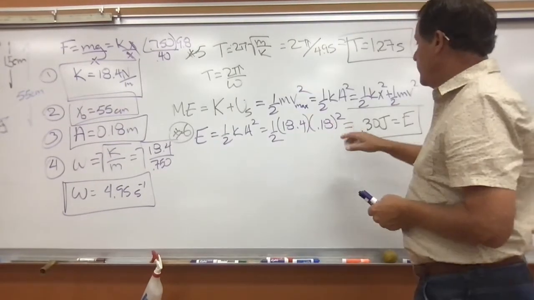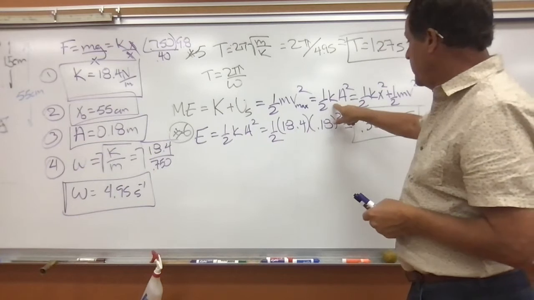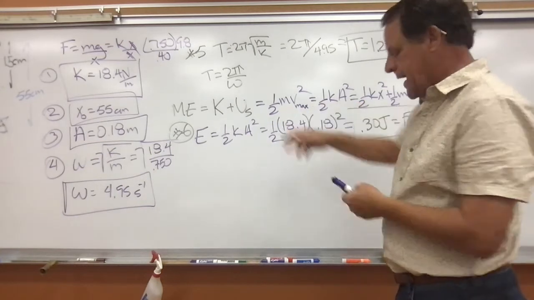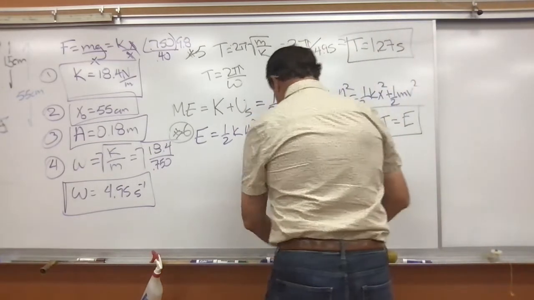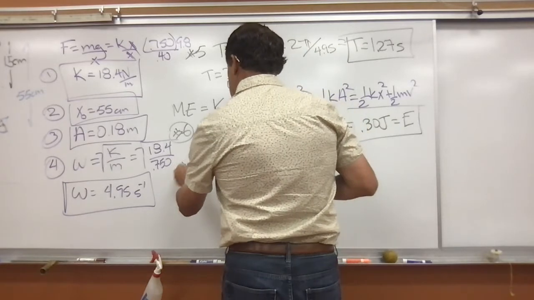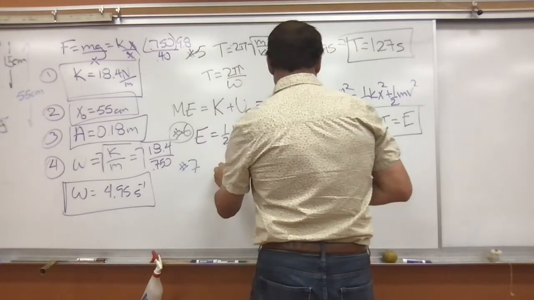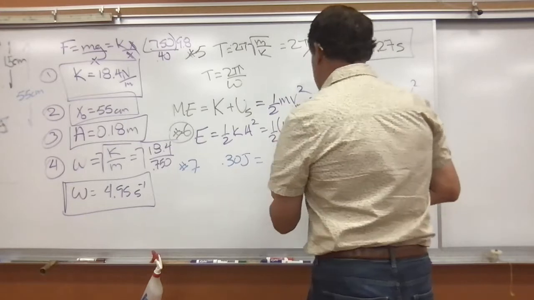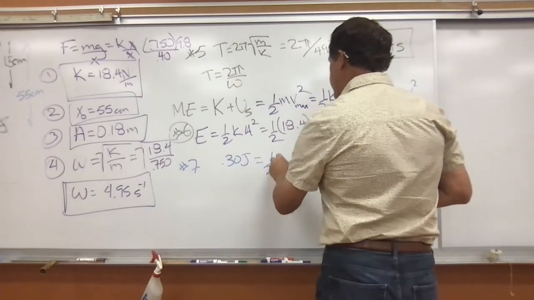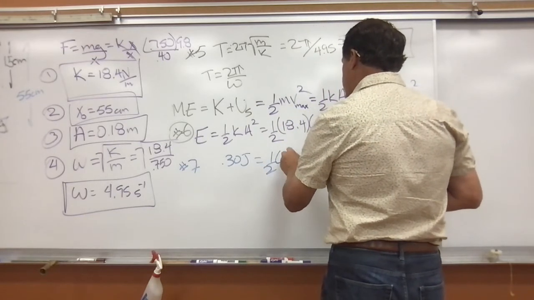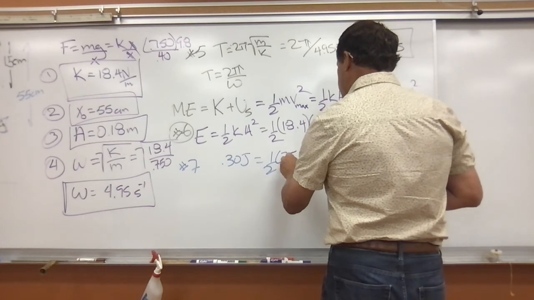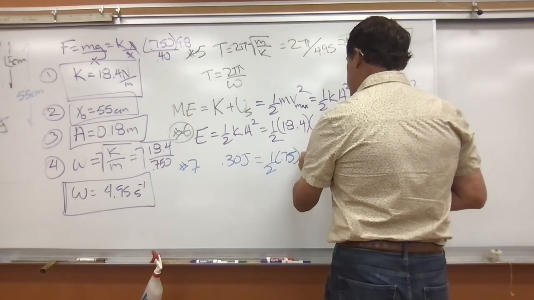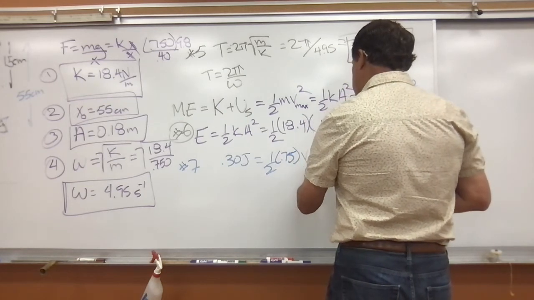Now, what is the maximum velocity of the mass? Since we know that this is 0.3, we're going to set this equal to that. For number 7, we're going to have 0.30 joules is equal to 1/2 of 0.75 times v max squared.